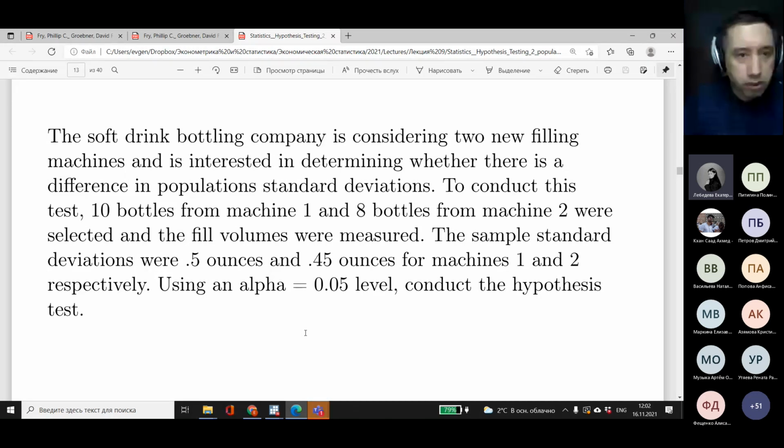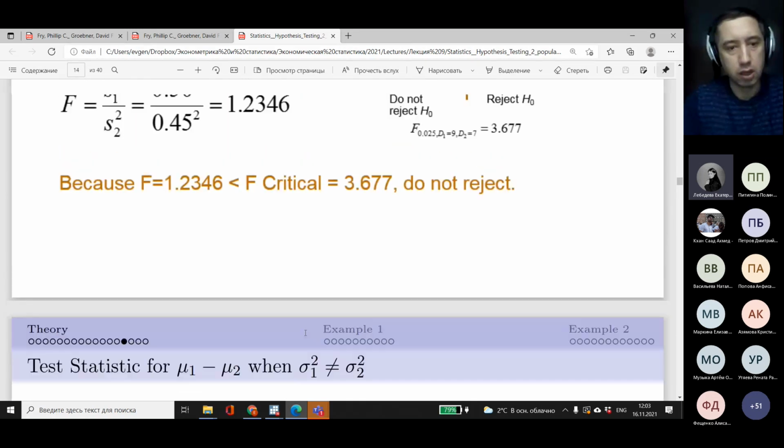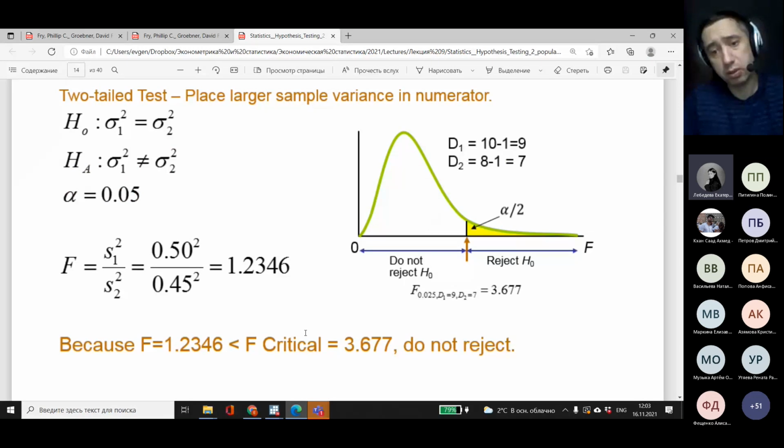Bottles and filled volumes were measured, so we can say the standard deviations in both samples are the same, and there is no difference in filled volumes in the two samples. In principle, that's it about comparison of variances using calculators and different tools.